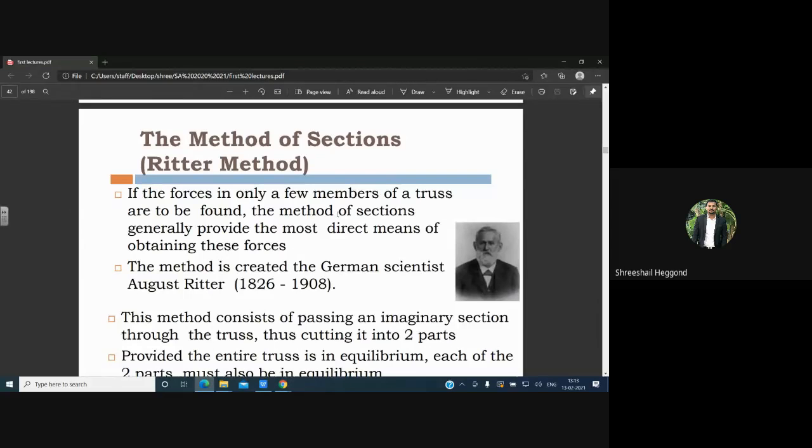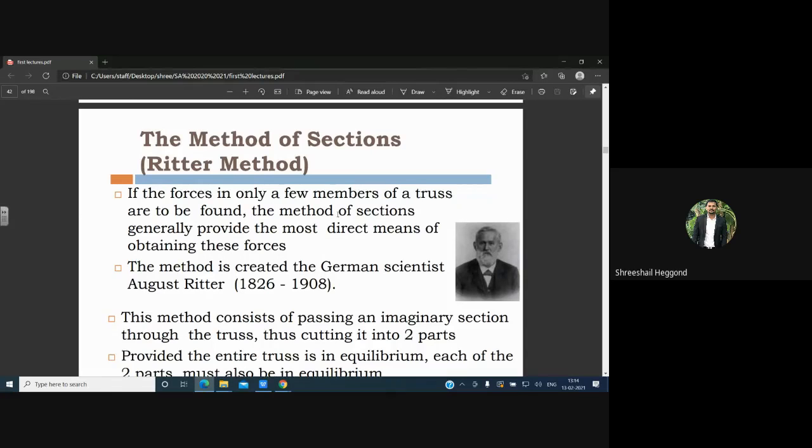Now it is restricted: only a few member forces, or axial forces, are required. In such cases this method is used, and after his research and development of this method, it is also called the Ritter method.